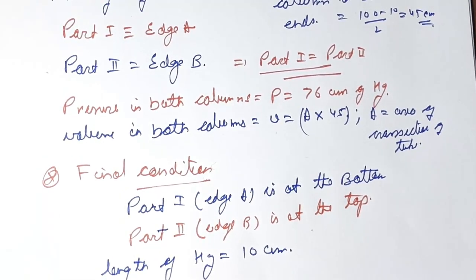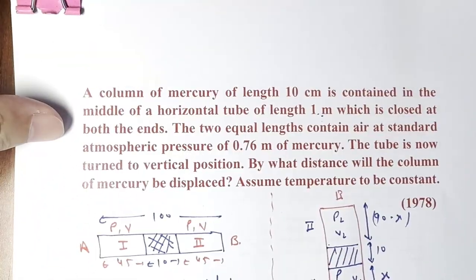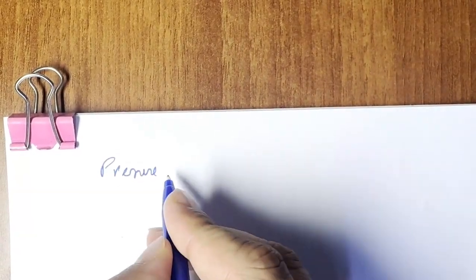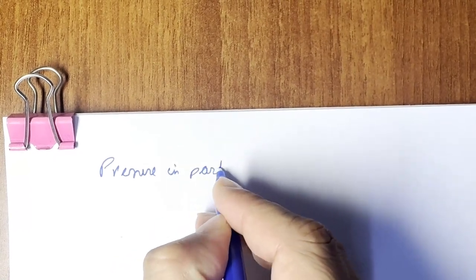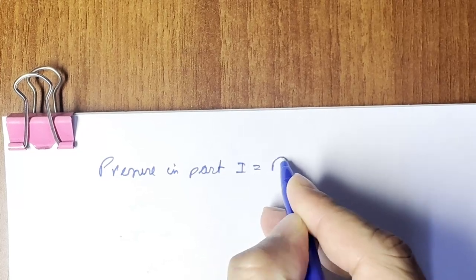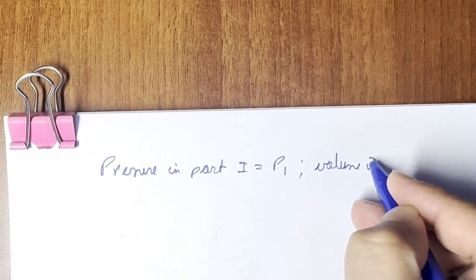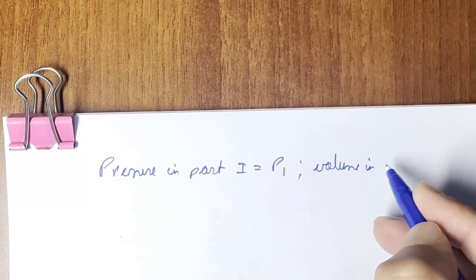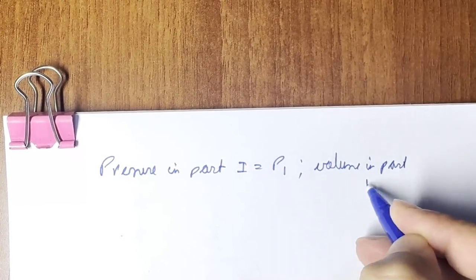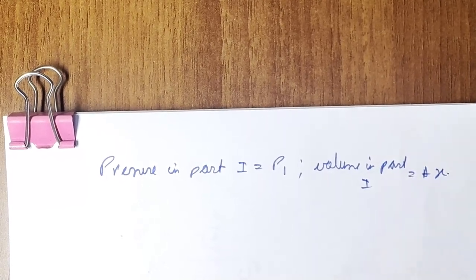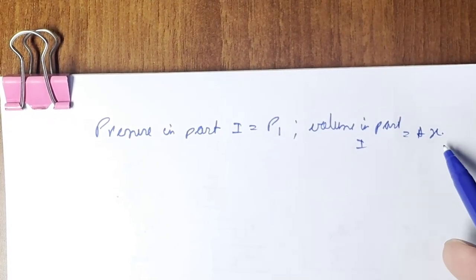We assume that the pressure in part 1 is P1, and the volume in part 1 will be equal to A multiplied by X, because we assume that X is the length of the air in part 1.